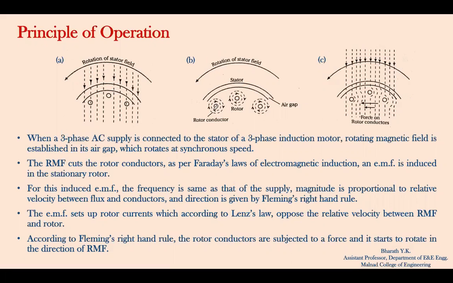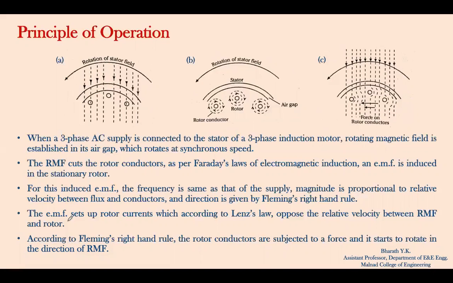The frequency of this induced EMF is the same as that of the supply, and its magnitude is proportional to the relative velocity between the rotating magnetic field and the conductors. The direction of the induced EMF is given by Fleming's right-hand rule.